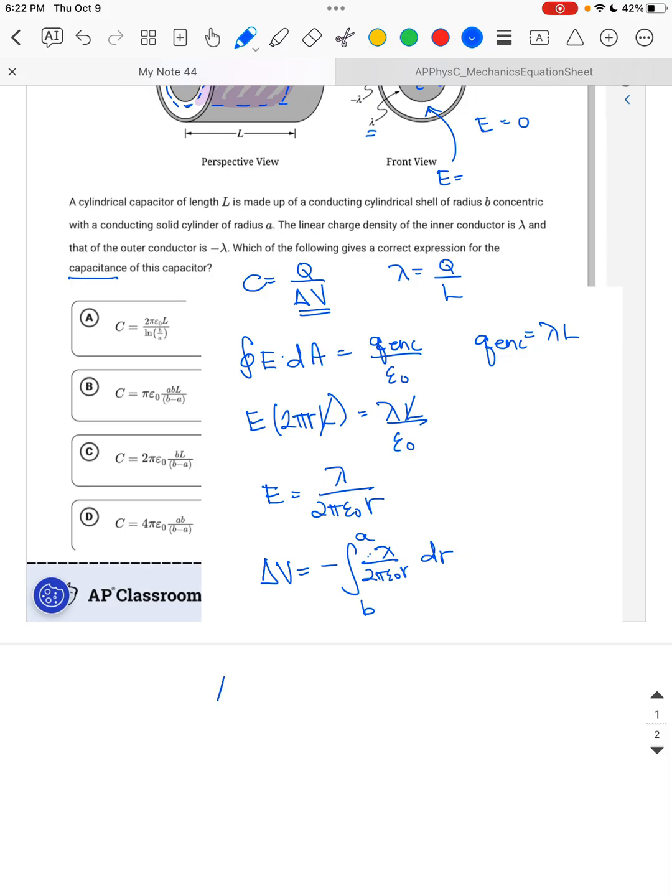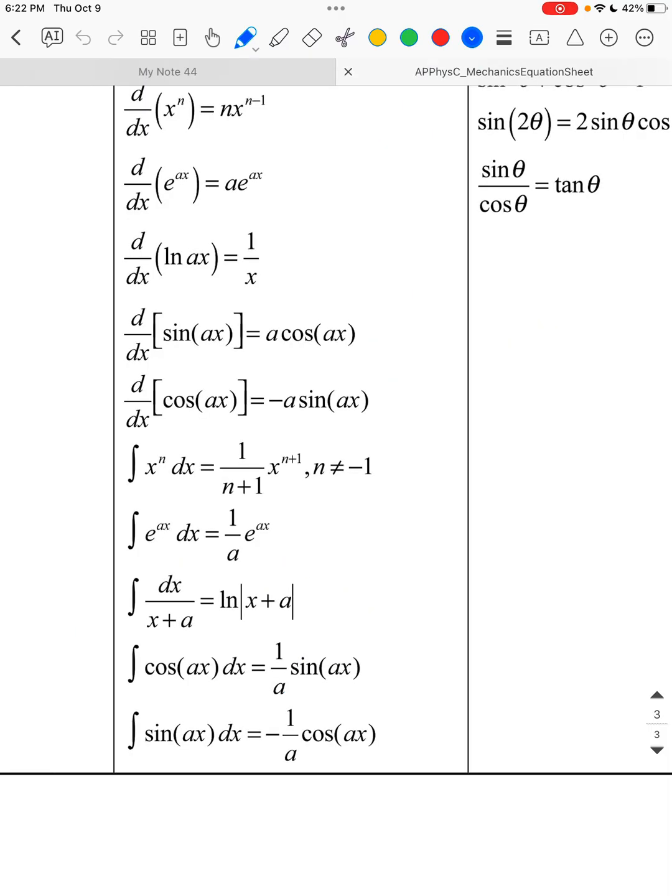So I'm pulling out all my constants, lambda over 2 pi epsilon naught, and I'm integrating from B to A of 1 over R dr. If you go into your equation sheet, it doesn't look similar to what we've seen, but this expression is the same as dx over x.